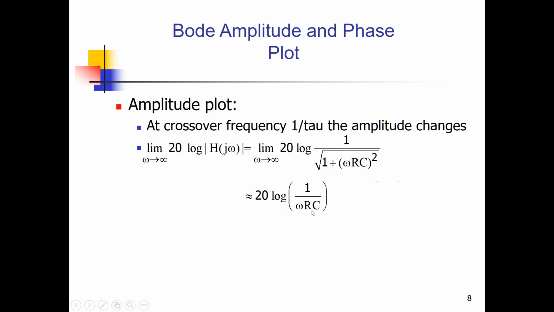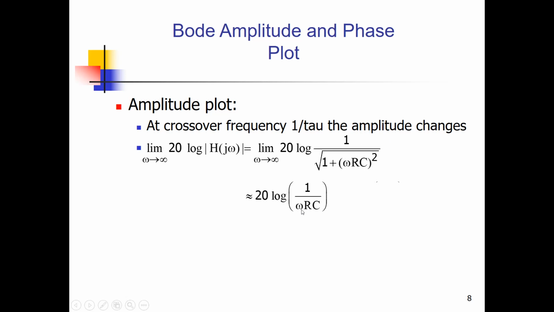What you see now is that at very high frequencies, higher than the crossover frequency, when omega increases by a factor of 10, this expression will be 10 times lower, because omega is in the denominator. So 20 times the log of 1 over 10 is 20 times minus 1, which is minus 20.